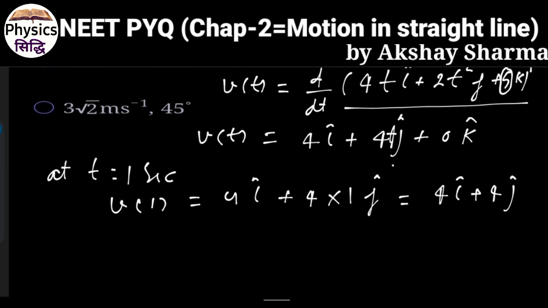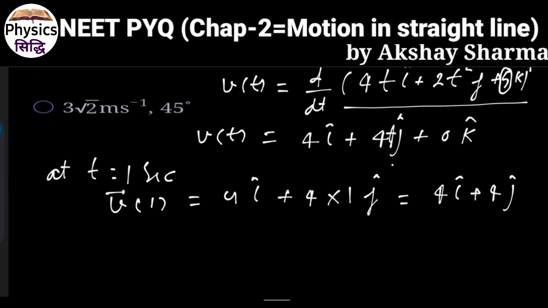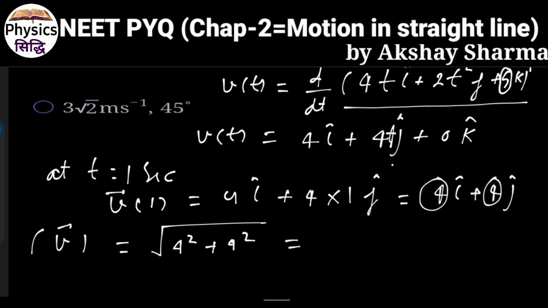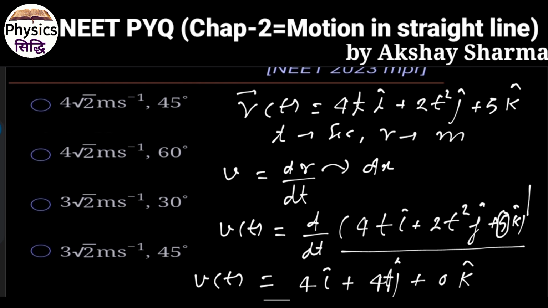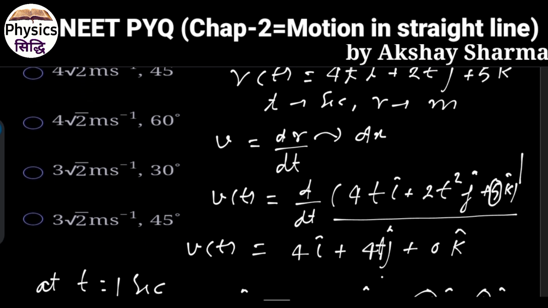But this is in vector form, so we have to calculate the magnitude. v magnitude equals the square root of the square of this one plus the square of this one. Coefficients squared, 4 square plus 4 square, that is root 32, which may be written as 4 root 2 meter per second. Let's see the options. There are 3 options involving 4 root 2, and 2 options with 3 root 2. So we have to calculate the direction also.